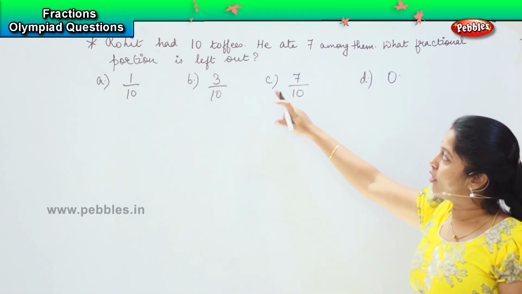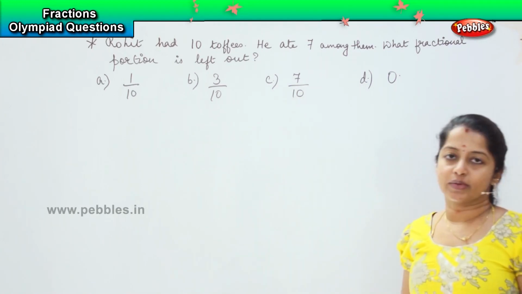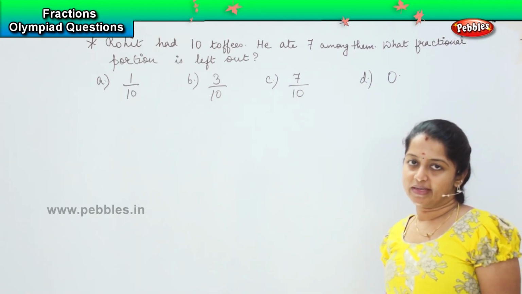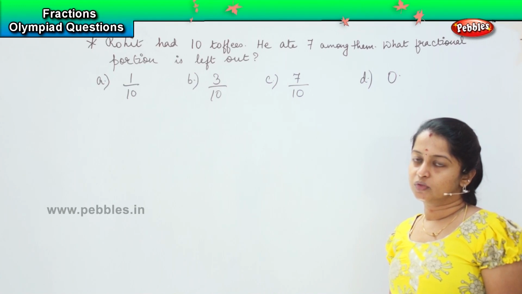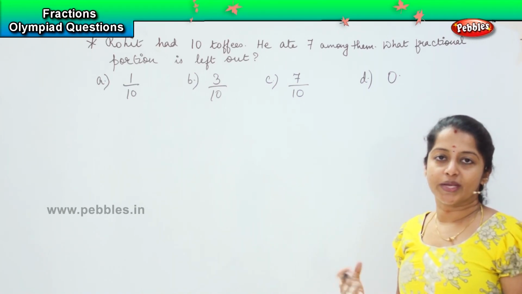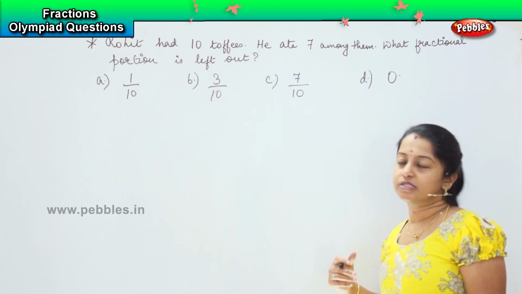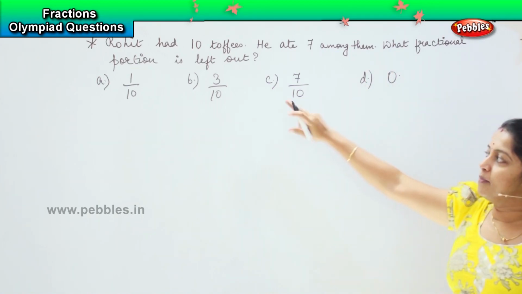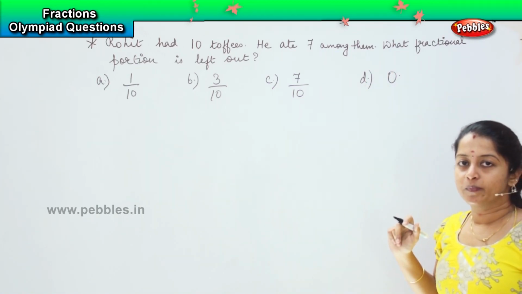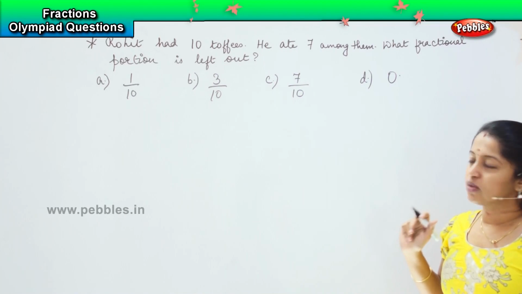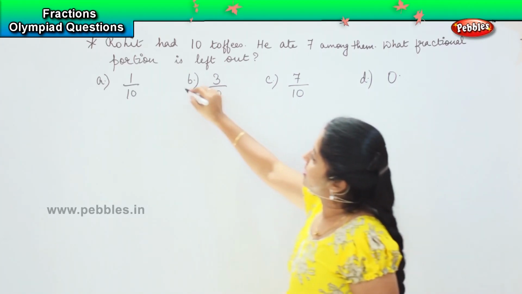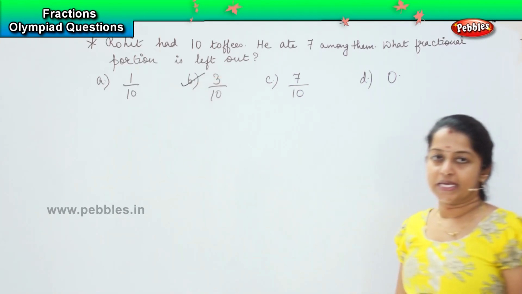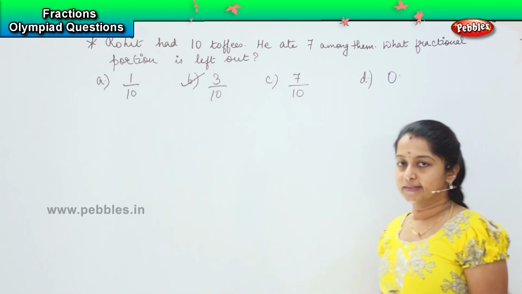So what is the balance which he is having? 10 minus 7 is how much? 3. He is only left out with 3 toffees. So the fractional portion of the left out should be, very good, 3 by 10. It is option B. Okay, clear?